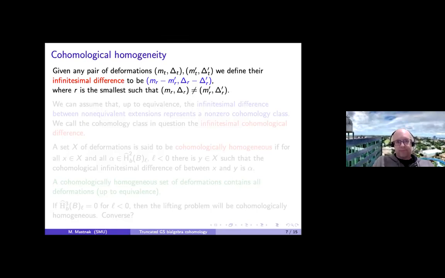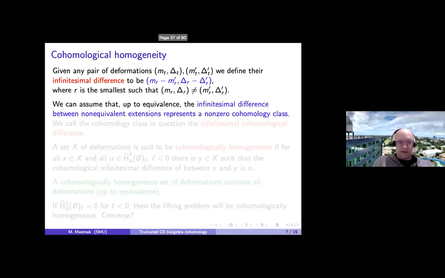If you take any pair of deformations or liftings, then you could define their infinitesimal difference to be just the difference in the first piece where they differ. And it turns out, and it's not hard to prove, that up to equivalence, the infinitesimal difference between two non-equivalent extensions will always represent a non-zero cohomology class.